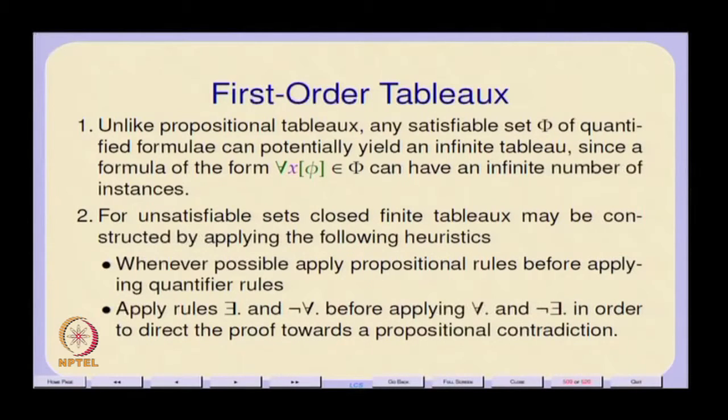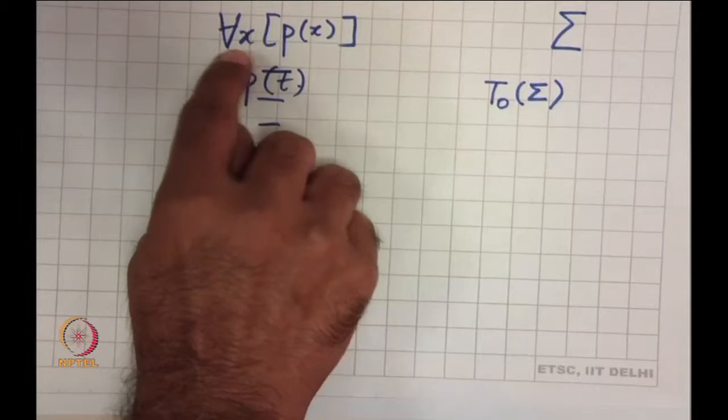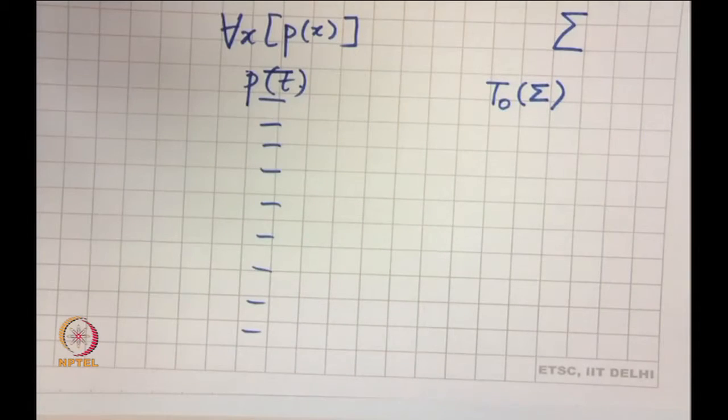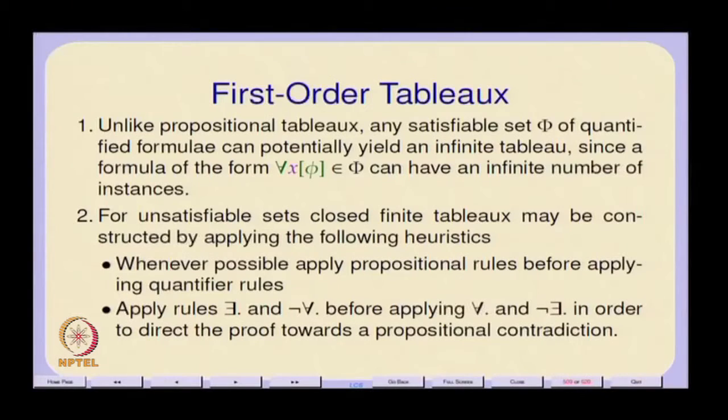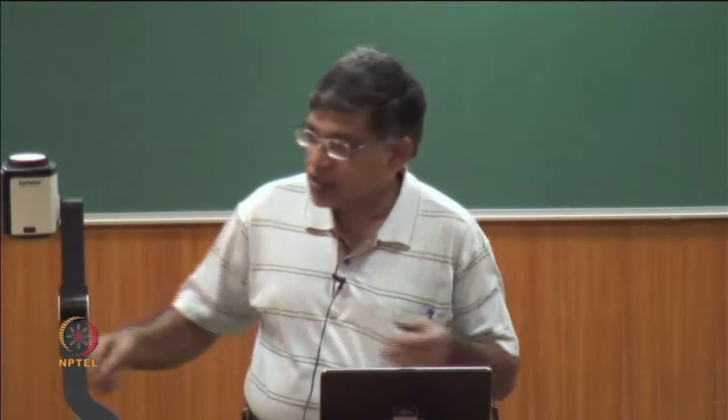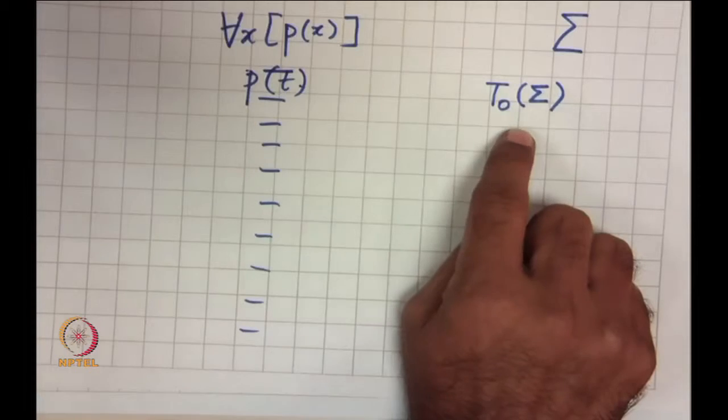Unlike the propositional case, all these universally quantified statements and negations of existential quantifiers, which are the same as universal quantifiers, need to be reused several times. Each time you will come up with a different instance from this set T naught sigma.